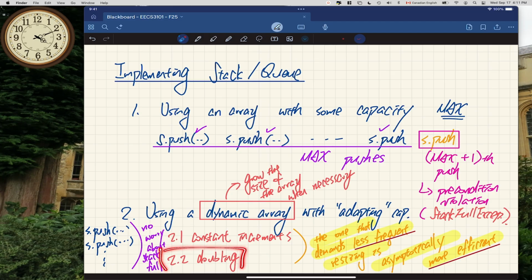So doubling, okay? Something I want to mention once more, I'll try to make this remark again after the derivation for the constant increment. When you compare these two strategies, once you have done all the derivation mathematically, you ought to conclude which one is going to be more efficient asymptotically. One intuition you want to build into why: I can even tell you, 2.2 doubling is actually more efficient.